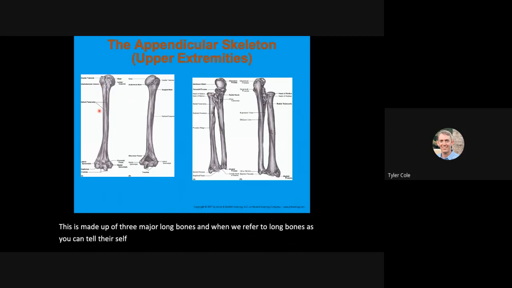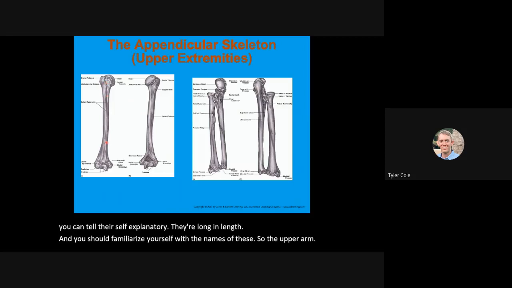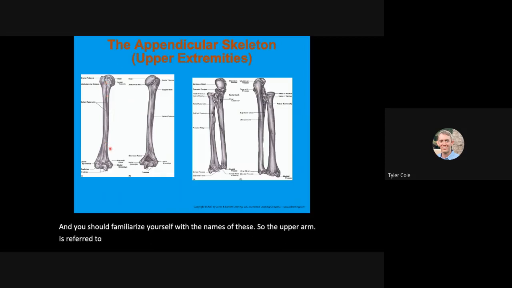They're long in length. And you should familiarize yourself with the names of these. So the upper arm is referred to as your humerus. Then the 2 bones in your lower arm are the radius and the ulna.